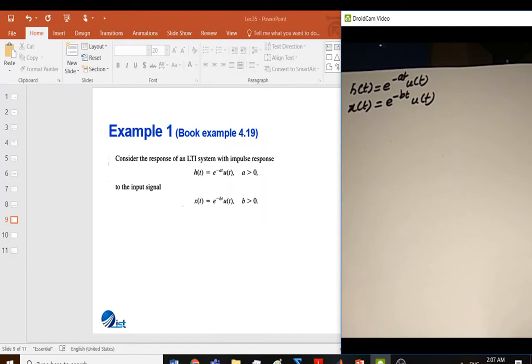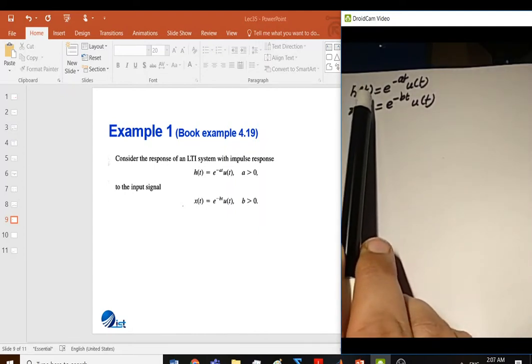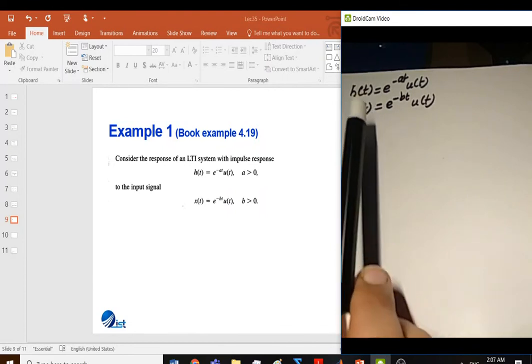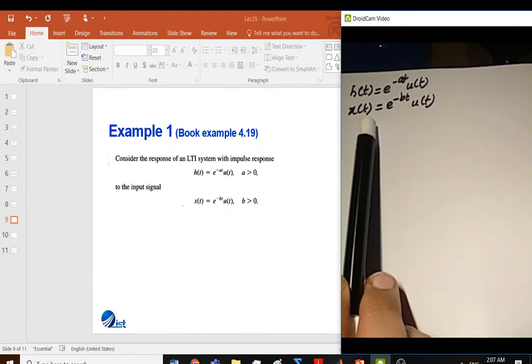This first example deals with time domain convolution. Let's say you are given an LTI system with the impulse response h of t equal to e raised to the power minus a t u of t, and x of t equal to e raised to the power minus b t u of t, and you have to determine the output of the system.